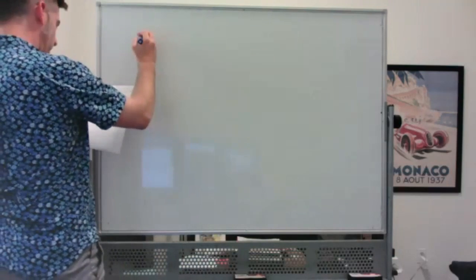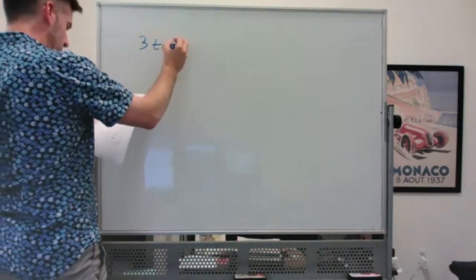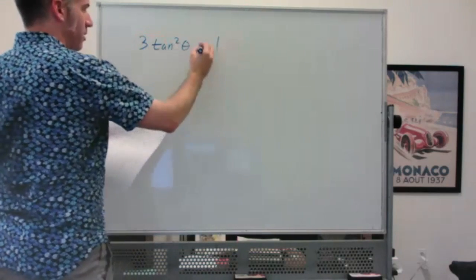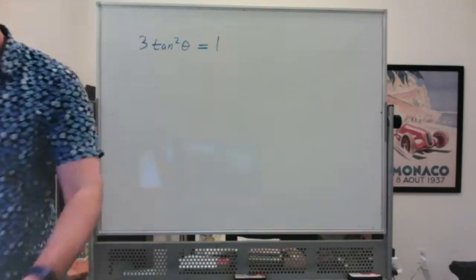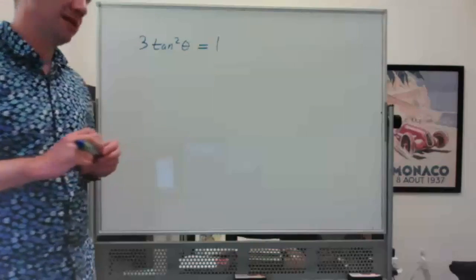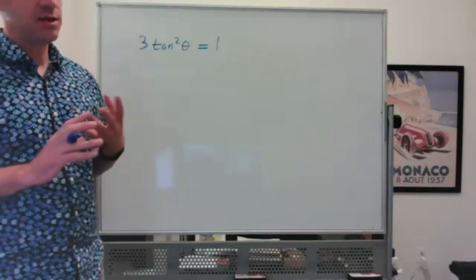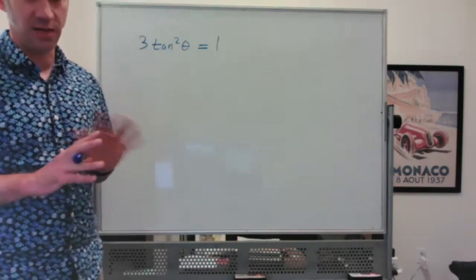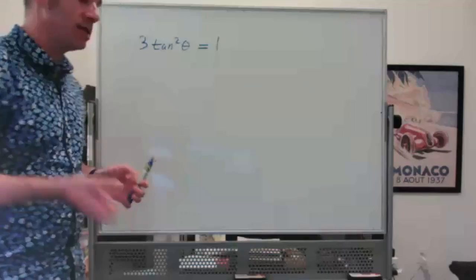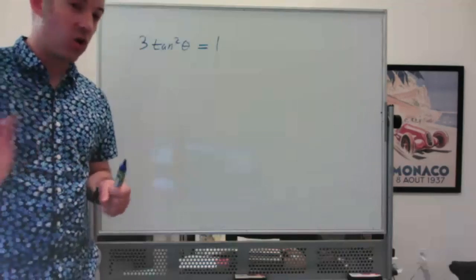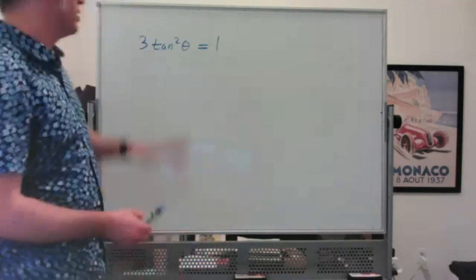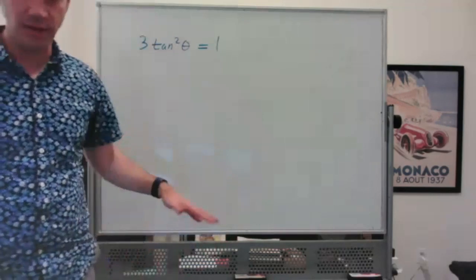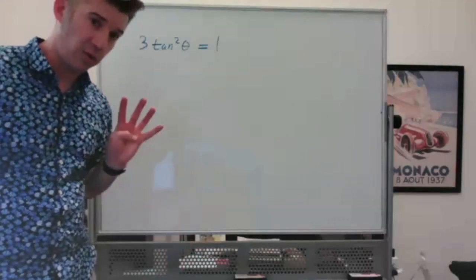Let's see. So let's try solving this one. 3 tangent squared theta equals 1. And now here's what I want you to see. I don't want to say this is 100% true all the time, but if you just have a trig function squared and no other trig functions, like there's not another tangent somewhere, if I just have tangent squared equal to something, you're going to get answers in 4 quadrants.